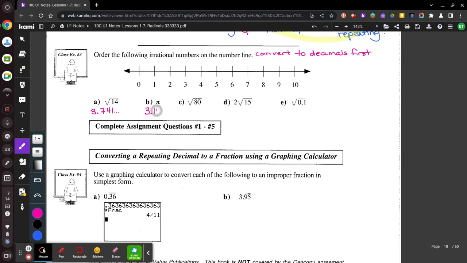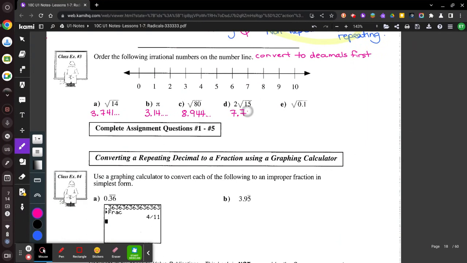Pi is 3.14, etc. Root 80 is 8.944, and running on. The 4 doesn't repeat, so it's non-repeating. Letter D, we're going to get 7.745, and it continues. And letter E, we're going to get 0.316, and it does not repeat a pattern. So these are all irrational.